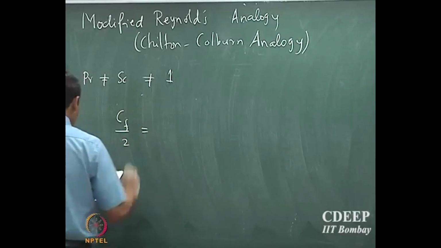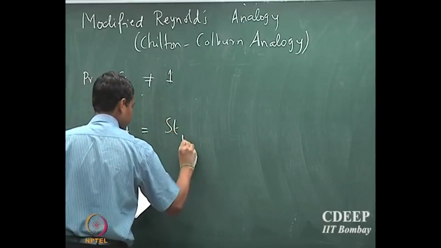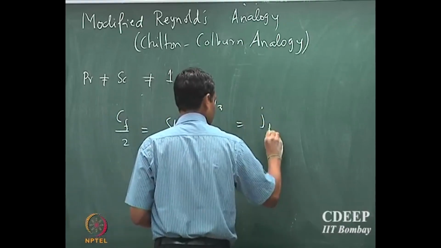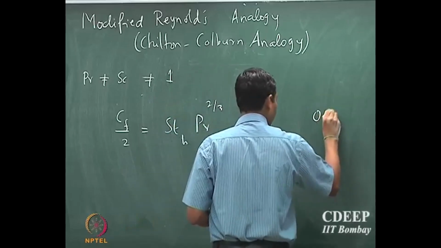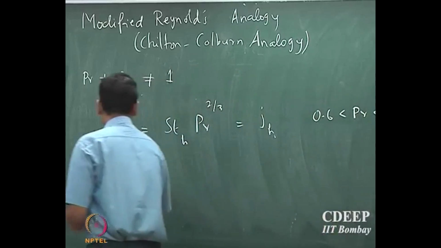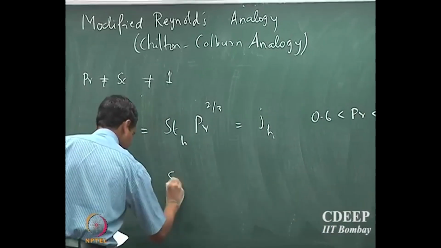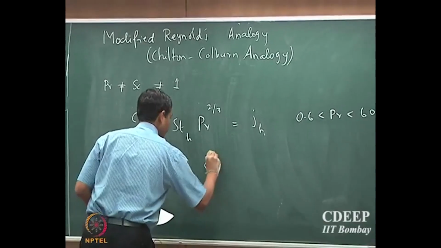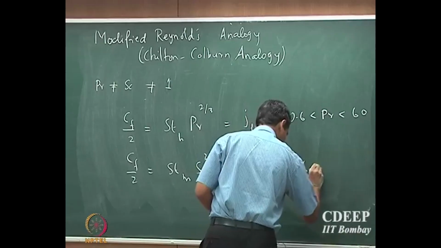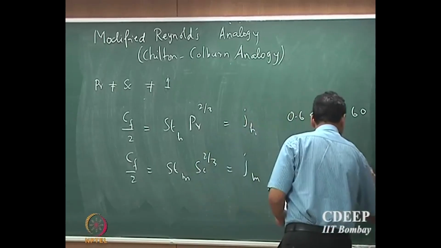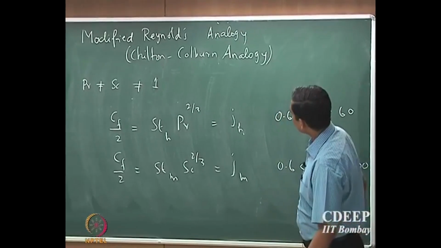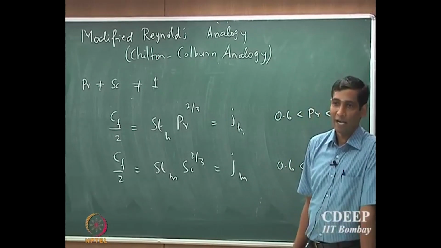So the functional form helps in deciding, and this is valid for, okay. So this is what is called the Chilton-Colburn analogy or modified Reynolds analogy.